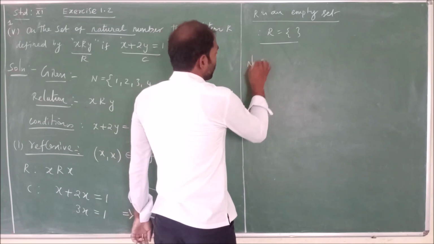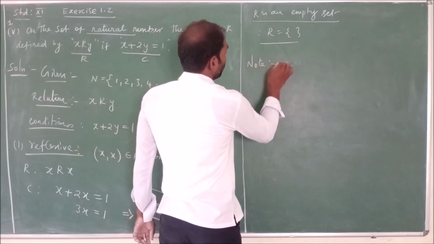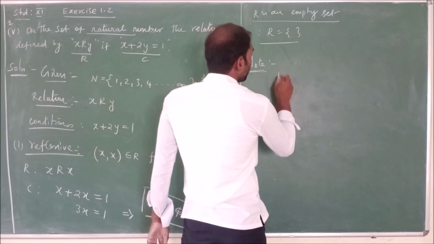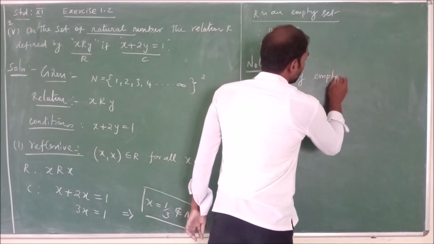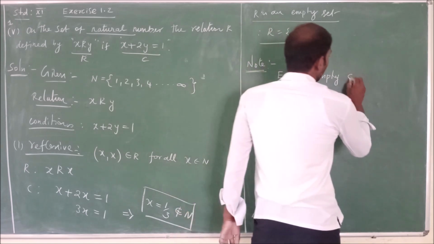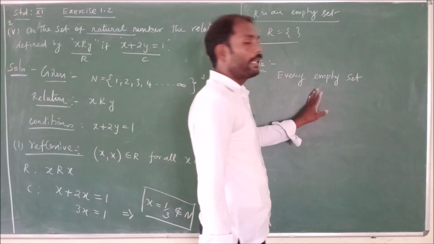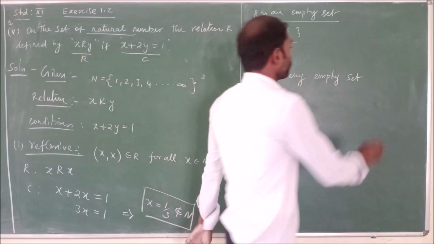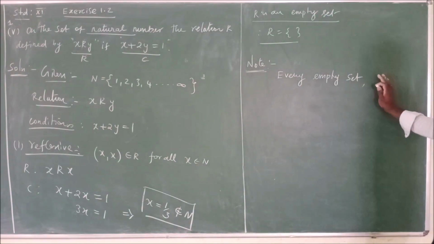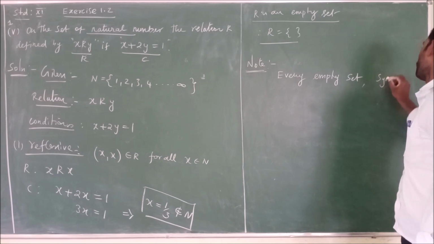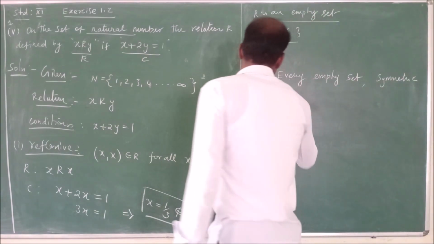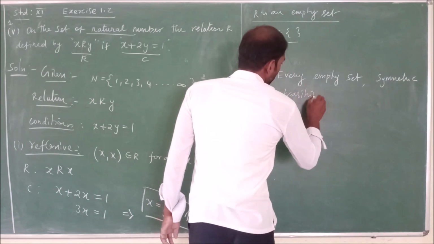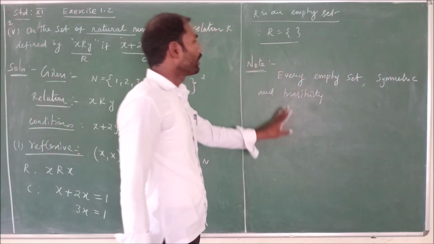We see one of the results: every empty set is symmetric and transitive.